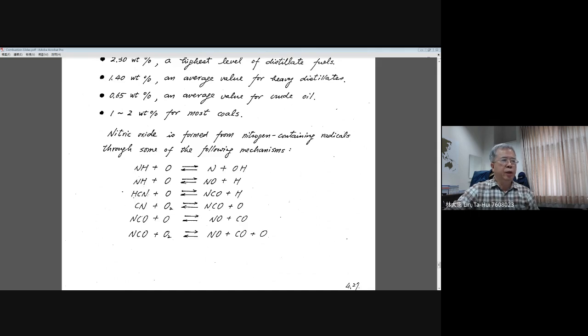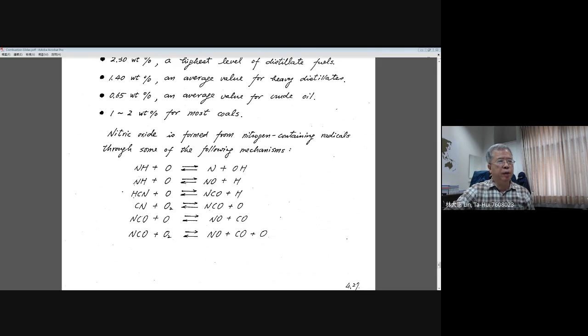HCN, CN, we just mentioned for the prompt NO, you may have HCN and CN radicals from the hydrocarbon radical reacting with nitrogen.